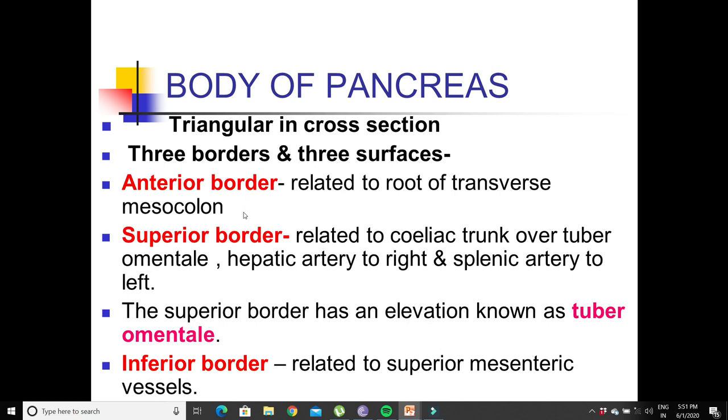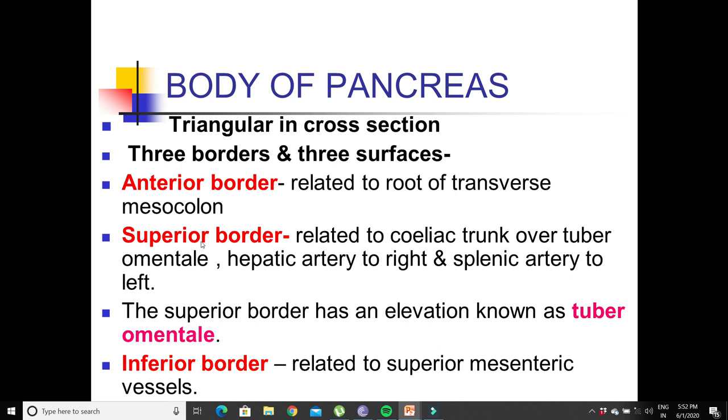Anterior border, superior border, and the inferior border. The anterior border is related with the root of the transverse mesocolon. The transverse colon has an attachment, and that is the mesocolon, and the anterior border is in relation with the root of the transverse mesocolon.